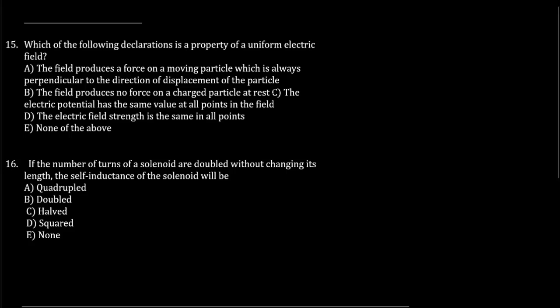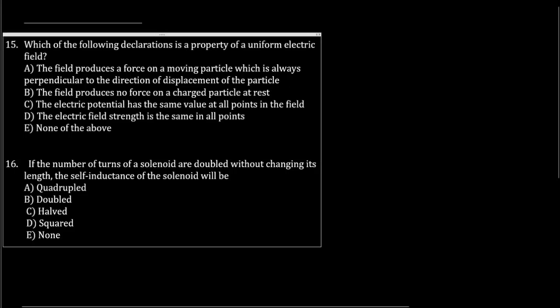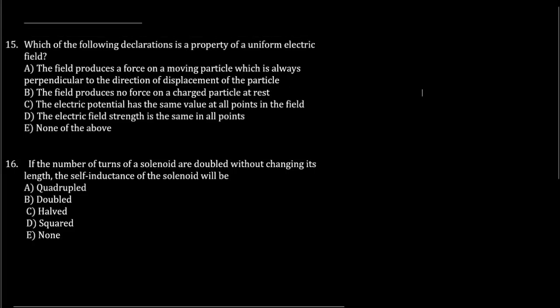C. The electric potential has the same value at all points in the field. D. The electric field strength is the same at all points. E. None of the above. So the correct option is option D. The electric field strength is the same at all points.